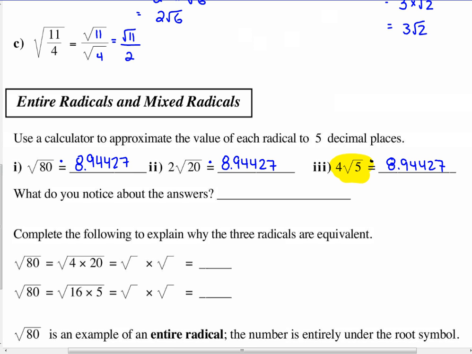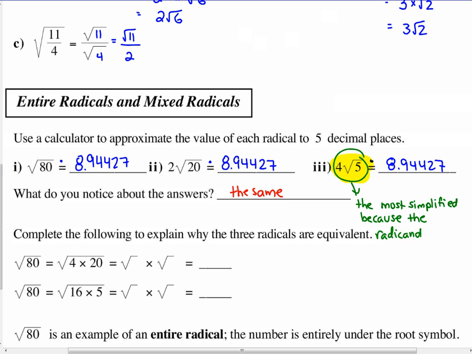Okay, so the most simplified form, I'm going to write this down and highlight it. So they're the same. 4 root 5 is the most simplified because the radicand, what is the radicand? The number underneath the square root symbol, or underneath the radical.